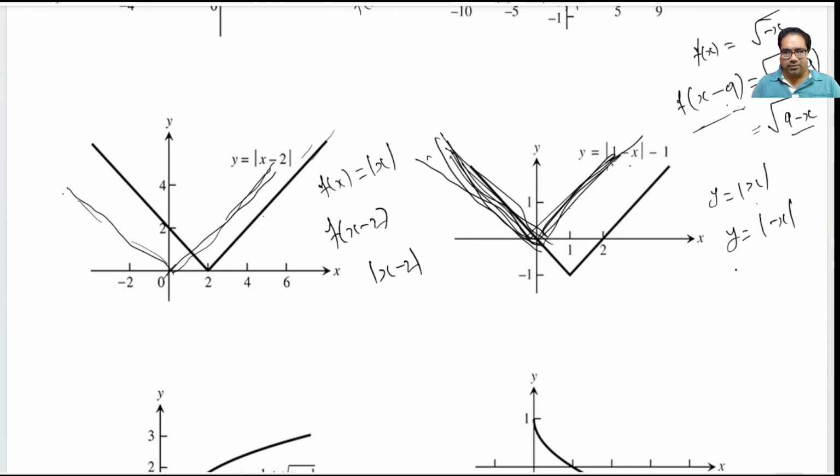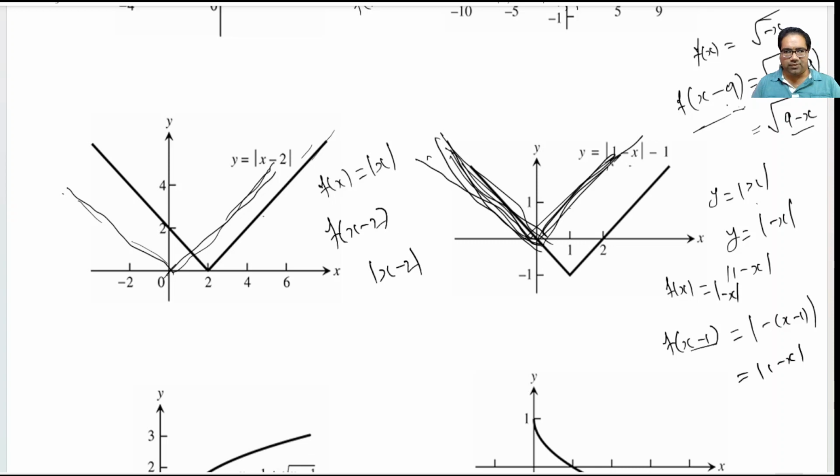Now let's say mod of 1 minus x. How do we write this? If f of x is mod of minus x, f of x minus 1 equals mod of minus of x minus 1. This is equal to mod of 1 minus x.